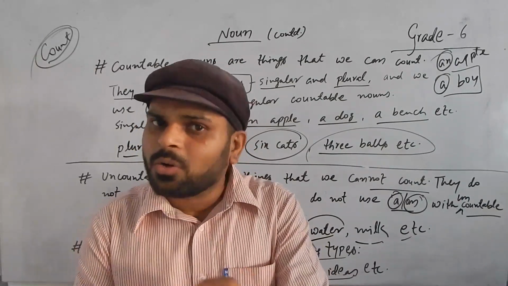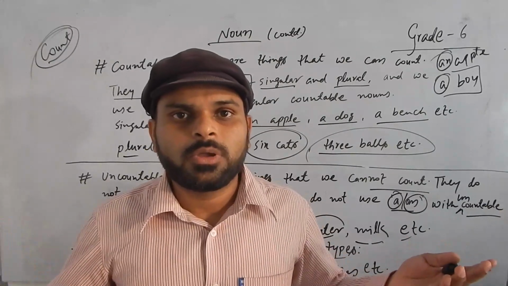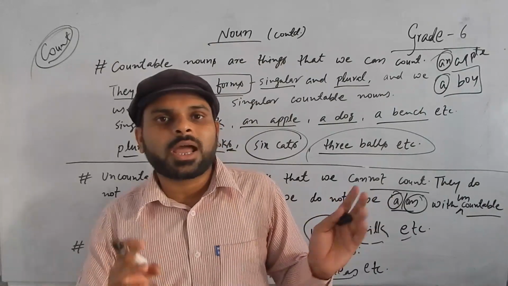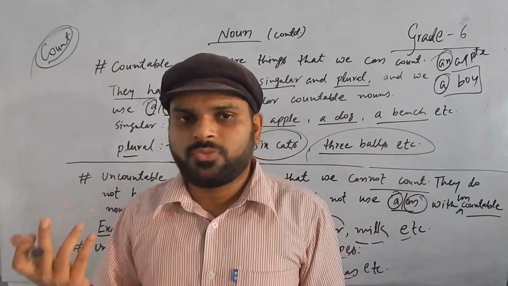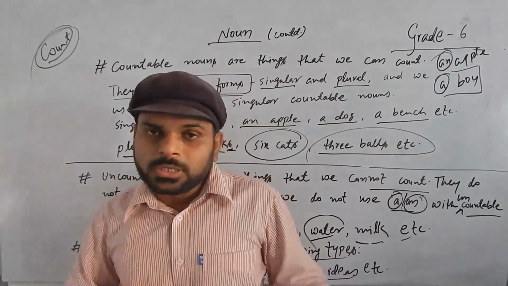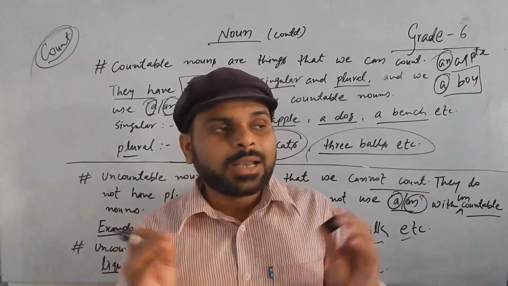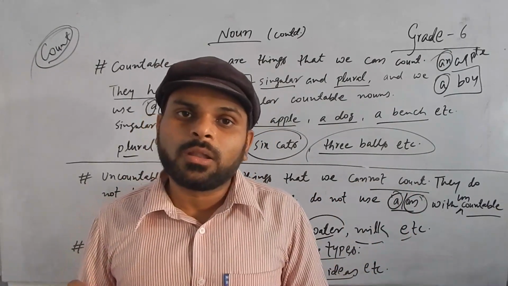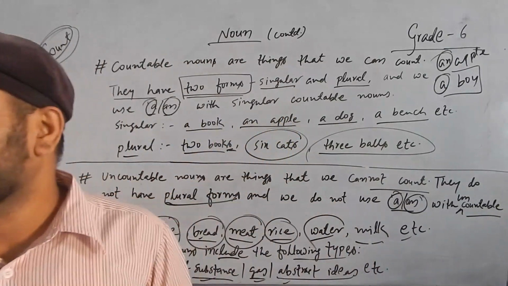You can't count your pain. If you are in a happy mood, a joyful mood, you can't say I am happy 1, happy 2, happy 3. No. You can just feel it, and people will feel that he or she is happy. These are the things that can be felt. That is what we call abstract ideas, abstract things.